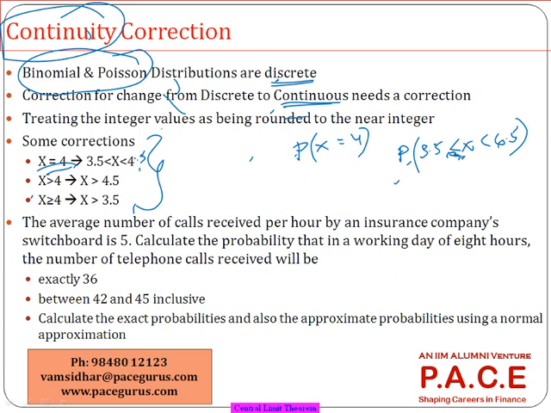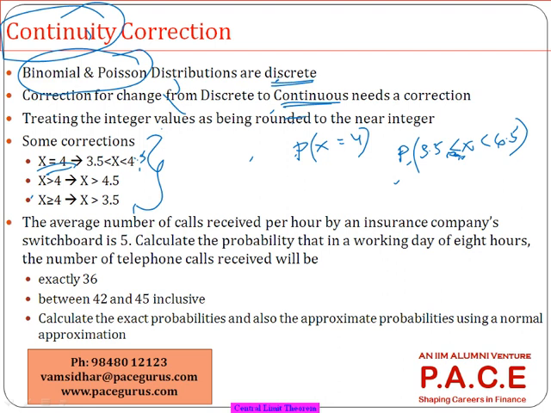3.5 less than x less than 4.5 is basically like the rounding off of 4. When you want to find out x equal to 4, take the interval as 3.5 to 4.5, because in a typical rounding also, anything which is 3.5 above, we round it up to 4.